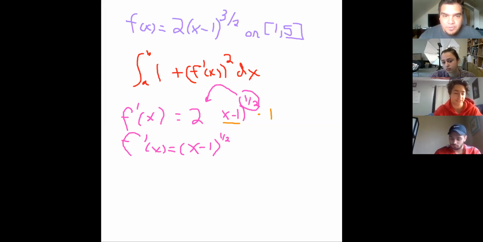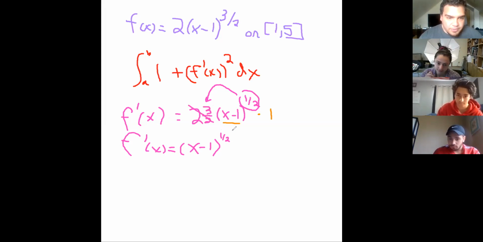So technically this should be 3/2 in front, because you bring the old one. These two still cancel out, and then we're just left with 3 here, so there should be a 3 in front, just like that. Everything should still be fine from here on.